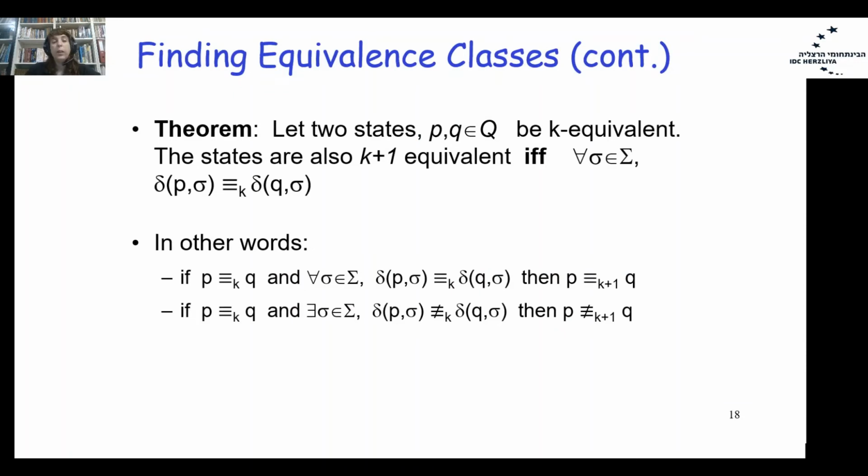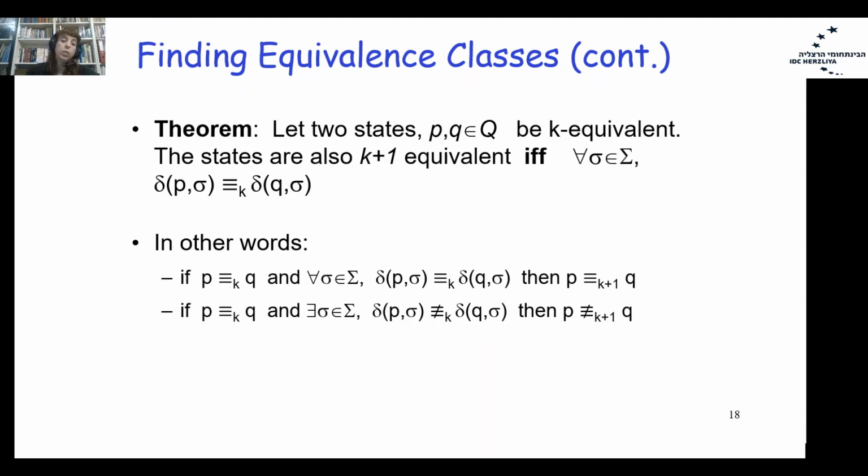Okay, let's define the theorem. Let two states P and Q belonging to Q be K equivalent. The states are also K plus 1 equivalent if and only if for all letters sigma in the alphabet, delta(P, sigma) is K equivalent to delta(Q, sigma).